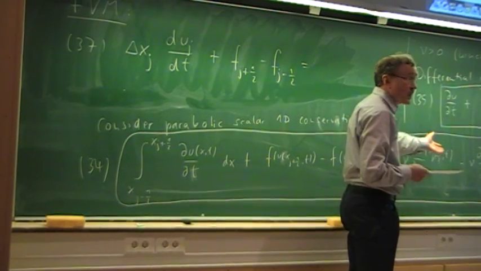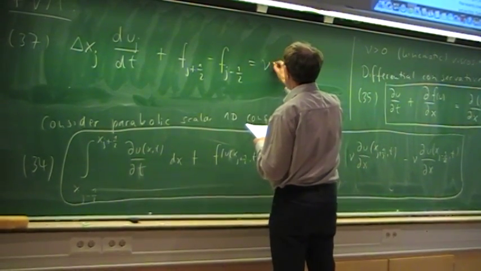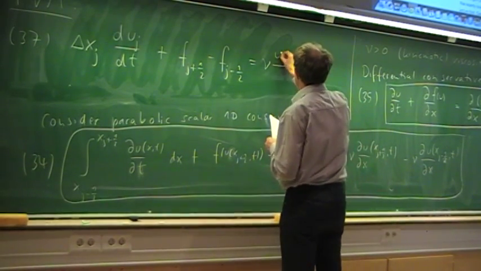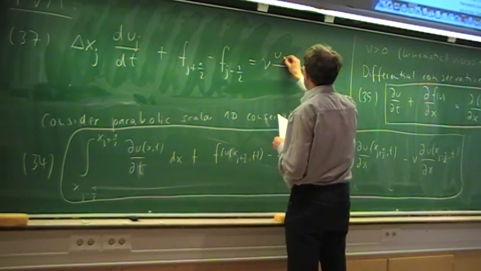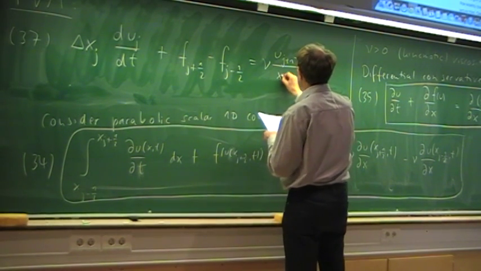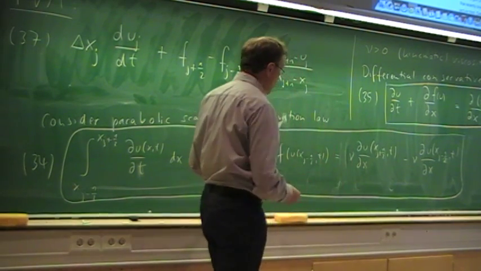Otherwise we had just this. So what did we do? We had the nu, and then the discretization here will be u_{j+1} minus u_j divided by x_{j+1} minus x_j. That will be that discretization.